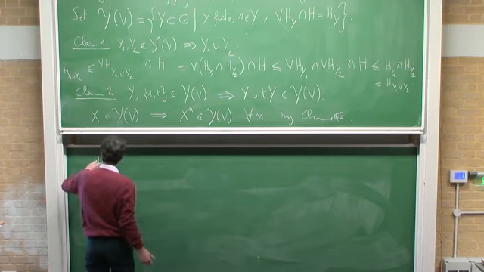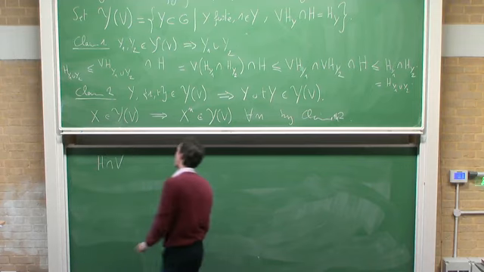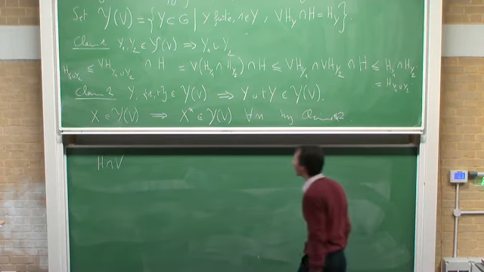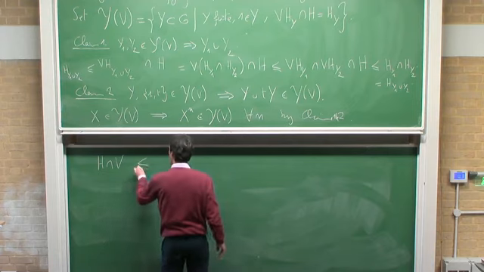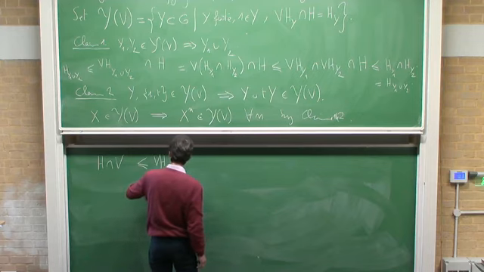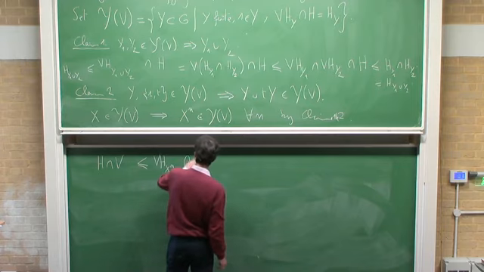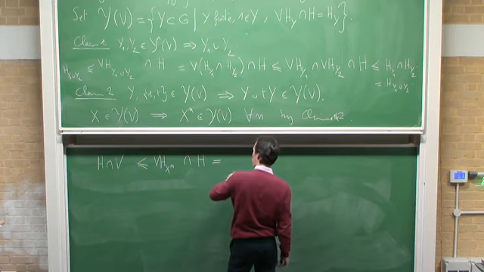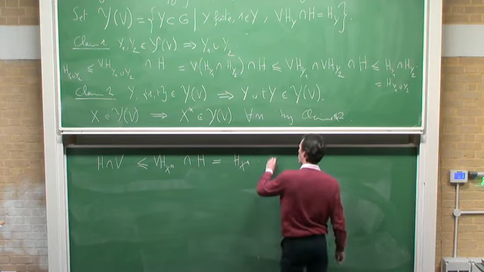If I look at the intersection of H with V, this is contained in this, which is equal to that for all n.